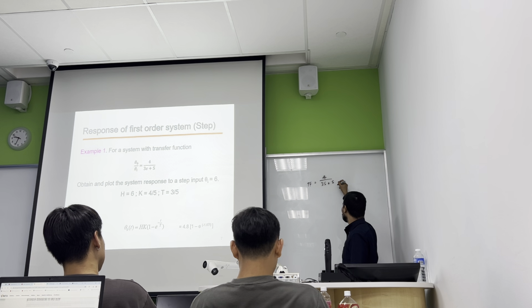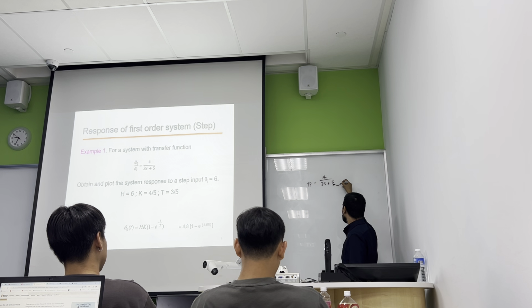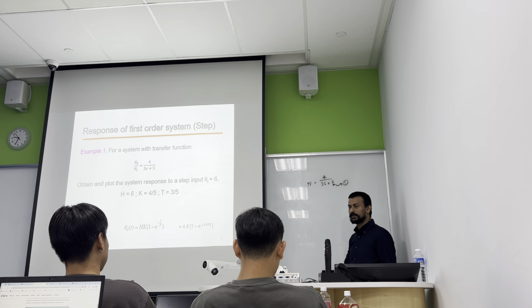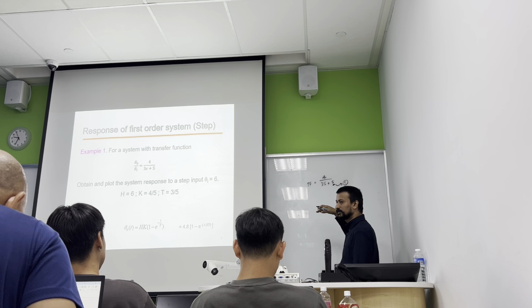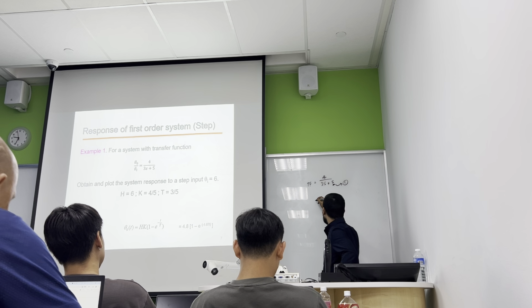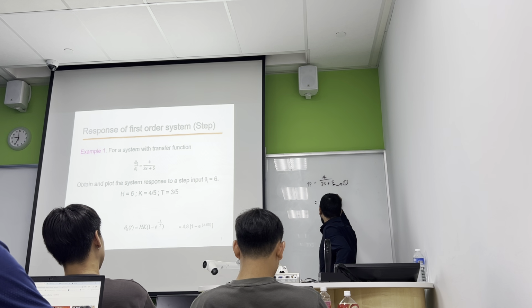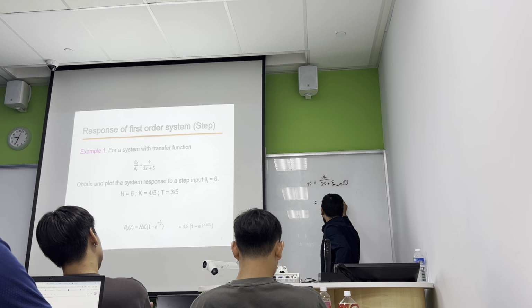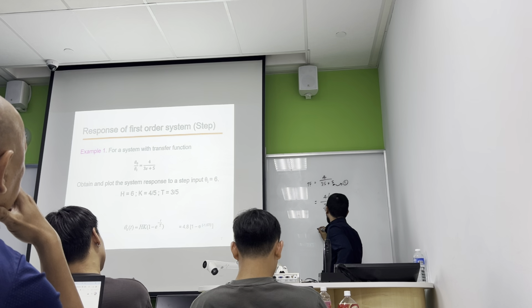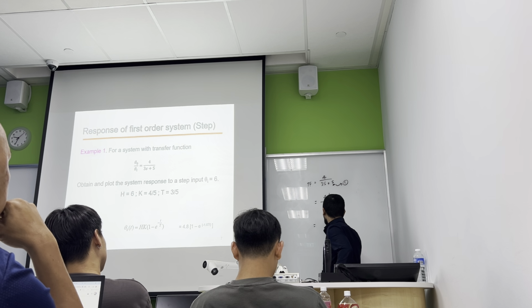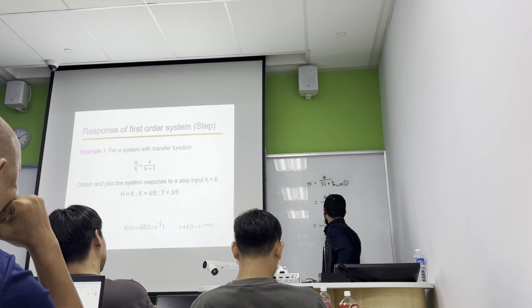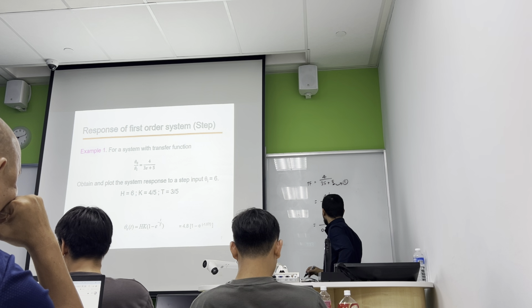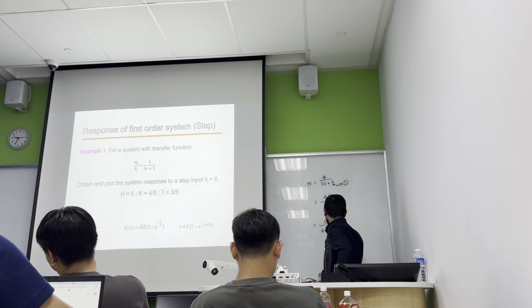Of course, we know this is going to be 1, so we need to divide your numerator and denominator with that number. So it ends up like 4 divided by 5, 3 divided by 5, 5 divided by 5. So this is going to be 0.8 over 0.6s plus 1.